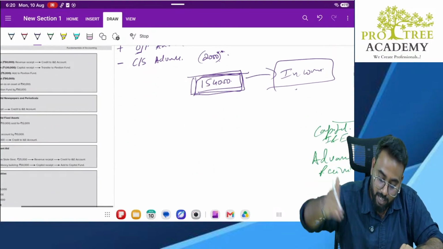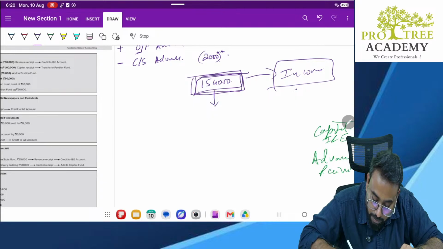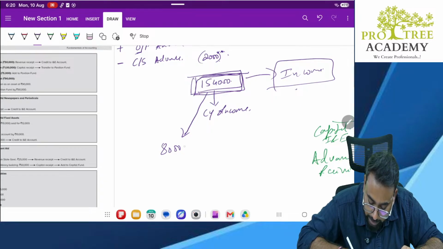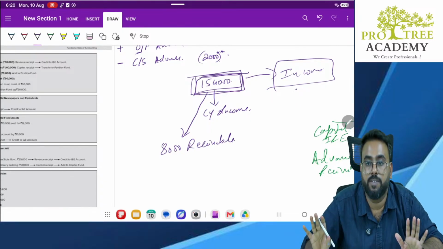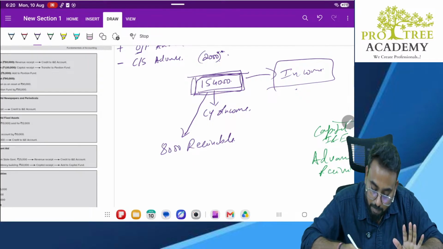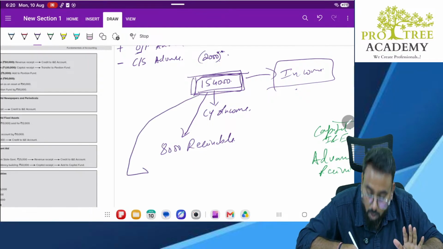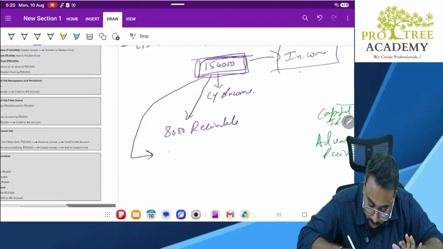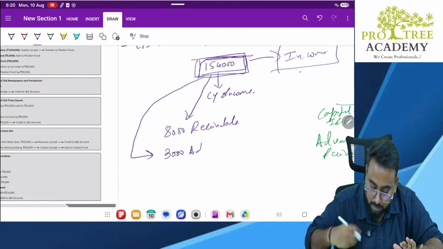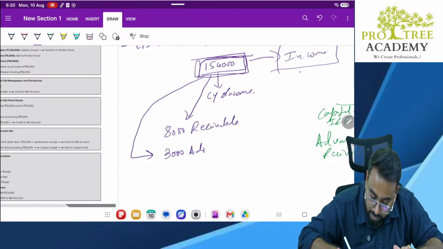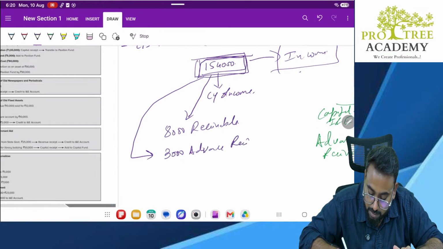In other words, this 1,54,000 is current year income. Out of this 1,54,000, 8,000 is receivable yet, not yet received. Plus, this 1,54,000 also has 3,000 rupees advance which was received in the last year.